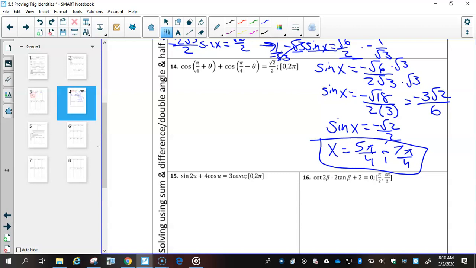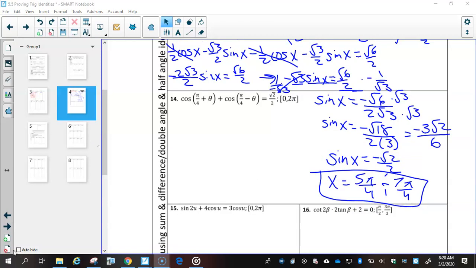I want you to try the next one. If you finish that, you can go back and continue simplifying, and then we'll go over that answer.